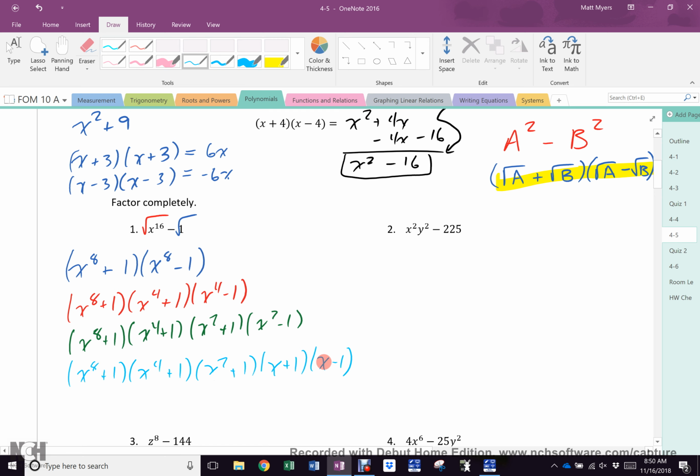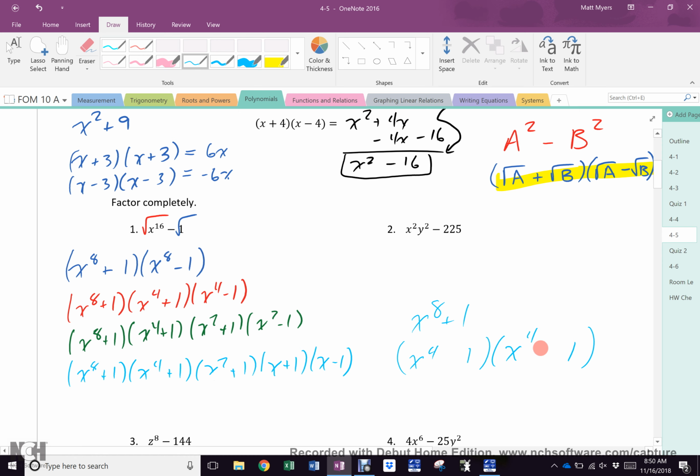Jovan. Same thing as up here. The middle term won't drop out. So if I had x to the 8th plus 1, square root of 8 is x to the 4th, right? Square root of 1 is 1. Now, if I'm going to square that, x to the 4th times x to the 4th, there's my x to the 8th, right?